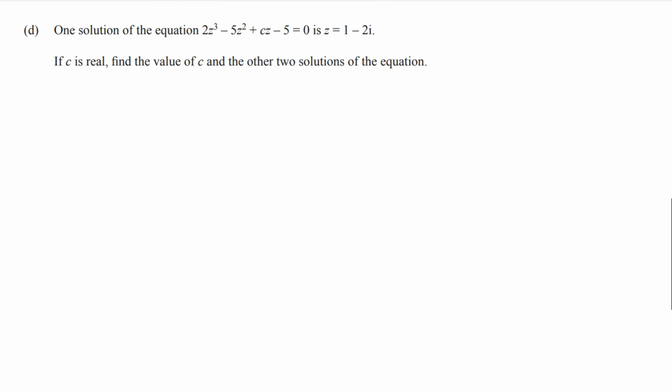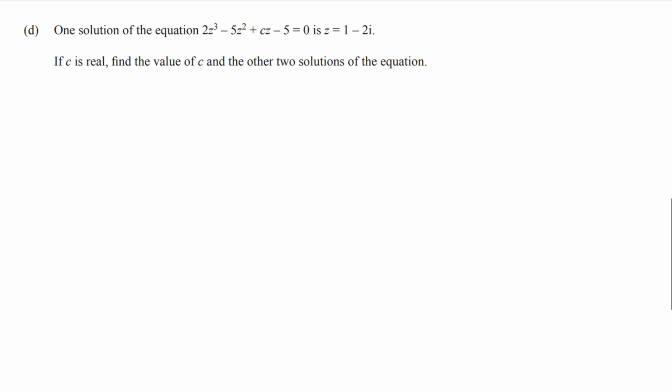Cool. So with this question, question D, this is a very common question that keeps appearing again and again every year. So we have Z is 1 minus 2i, and it says if C is real, find the value of C and the other two solutions. Because 1 minus 2i is a solution, what you can do is substitute 1 minus 2i into that equation.